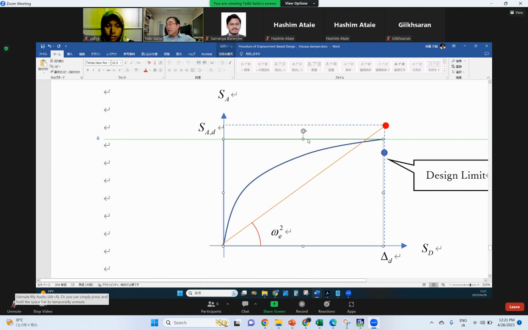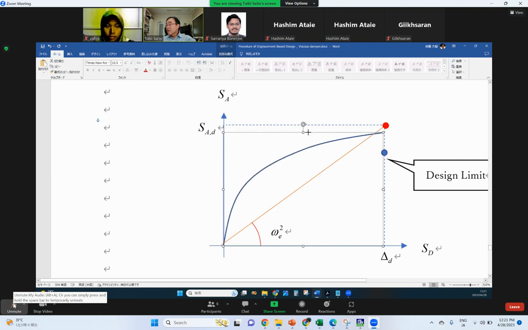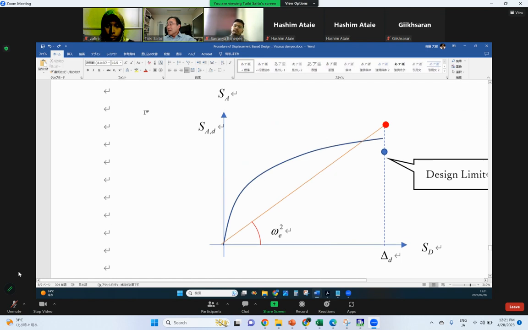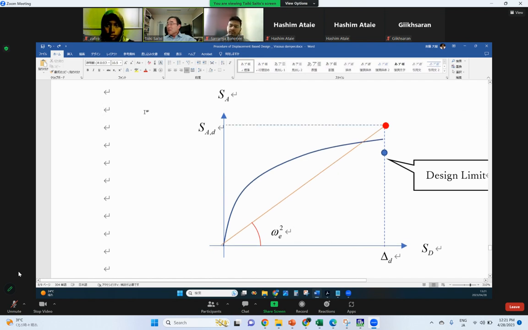In this case, the viscous damper capacity should be close to this red point. So this is the procedure of displacement-based design in the case of viscous dampers. I believe it works.